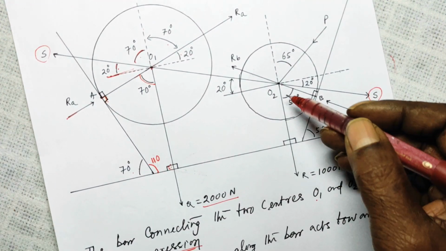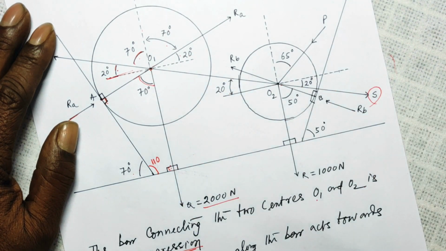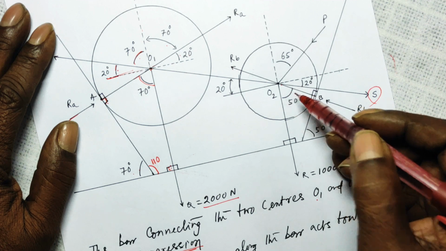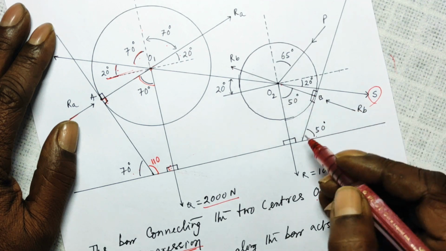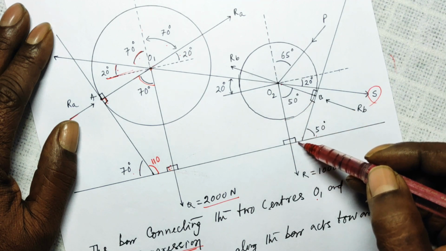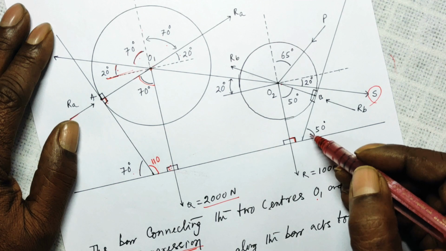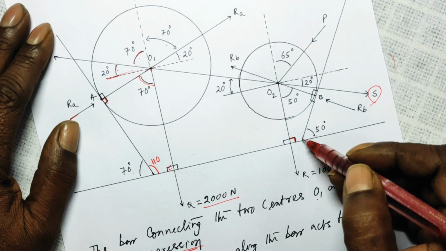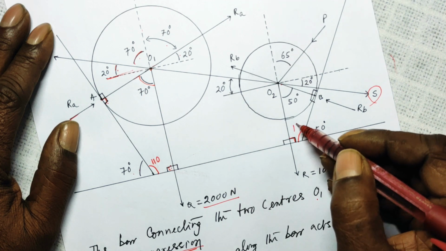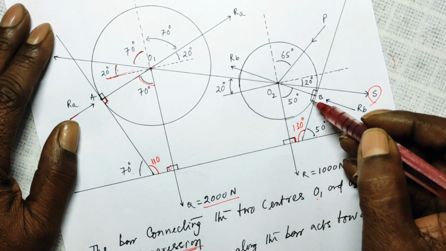Let me explain here, then we will finally come to apply the free body diagram at O1 and O2. Now, how is this angle 50? Given this is 50, how is this 50? If you look at this quadrilateral, I'm moving my pen on it, this is 90, this is 50 here, so I am left here, this one will be 180 minus 50, that is equal to 130, 130 plus 90 plus 90.